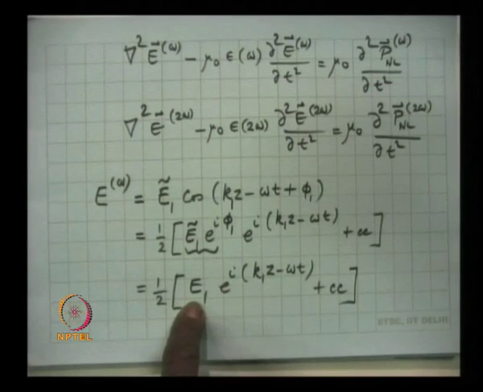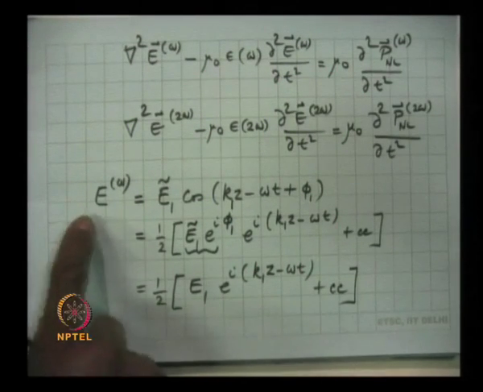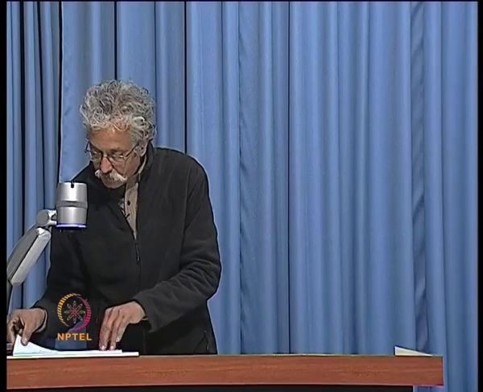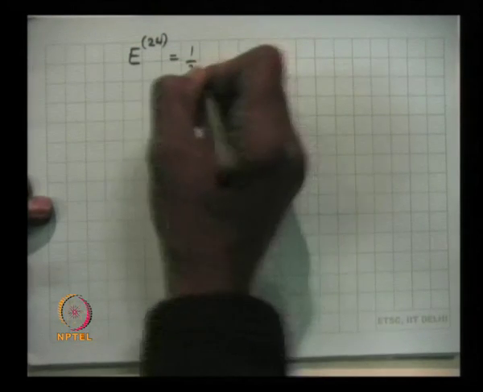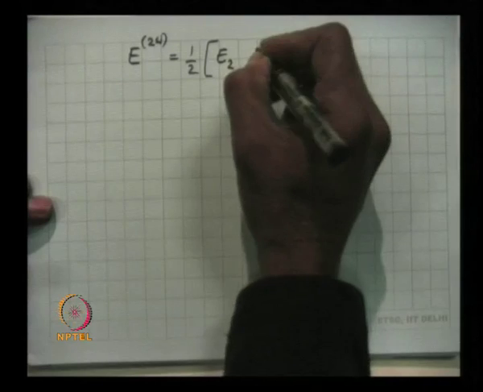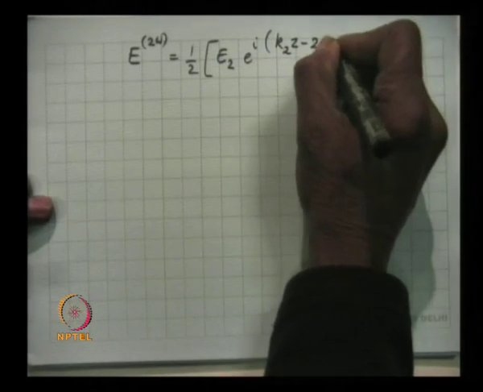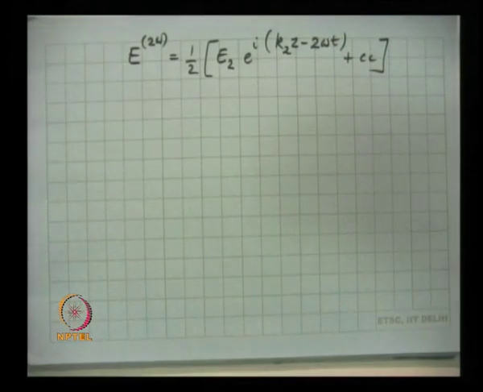So, E1 is a complex electric field, and the electric field at omega is written as half of E1 exponential i(k1 z minus omega t) plus its complex conjugate. Similarly, I will write for E2 at 2 omega: half of E2 exponential i(k2 z minus 2 omega t) plus complex conjugate, where E2 is the complex electric field at frequency 2 omega.